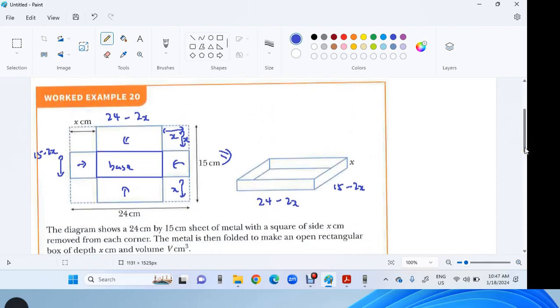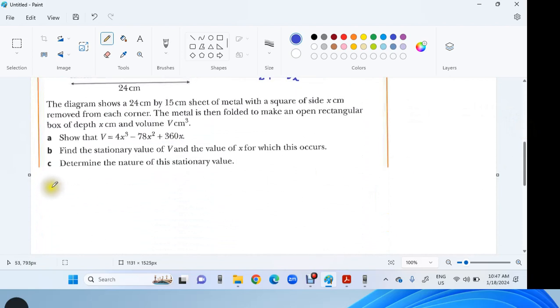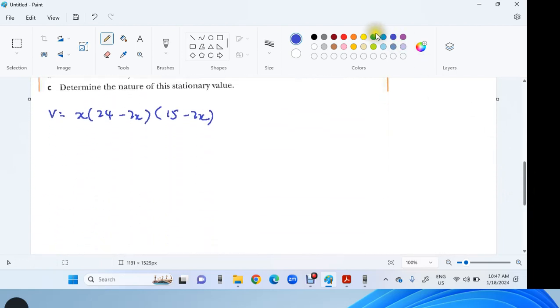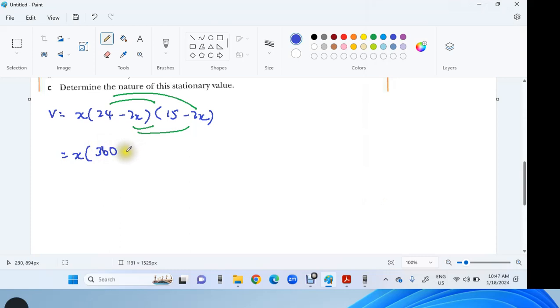The volume will be this one multiplied by this one, and then multiplied by x. So the volume is x multiplied by 24 minus 2x multiplied by 15 minus 2x. We multiply it, then what we will have is x times 24 times 15, which is 360, minus 48x minus 30x plus 4x squared.